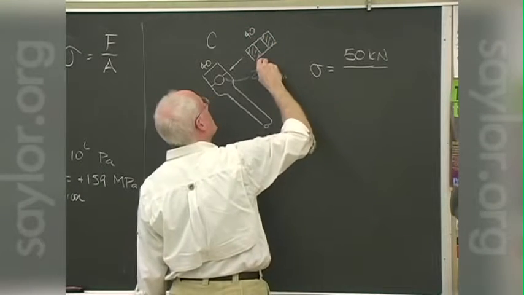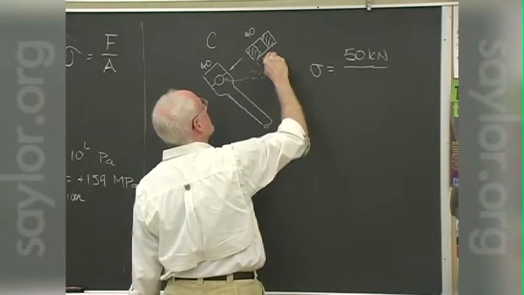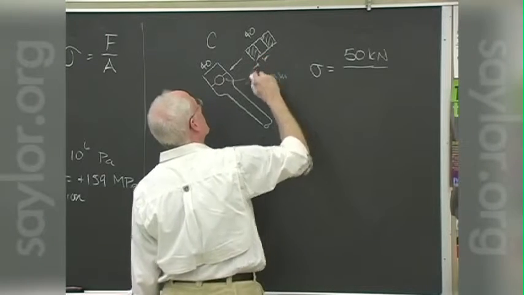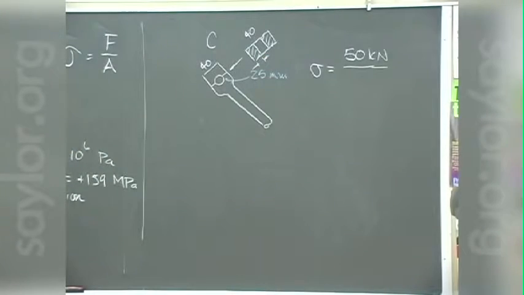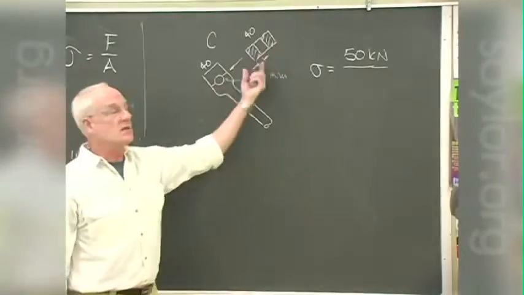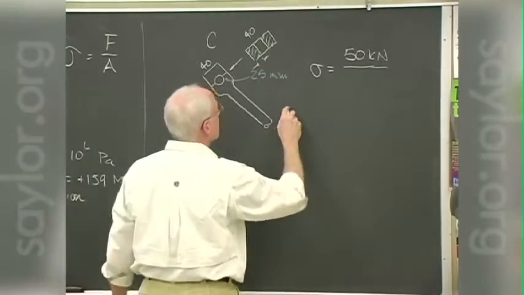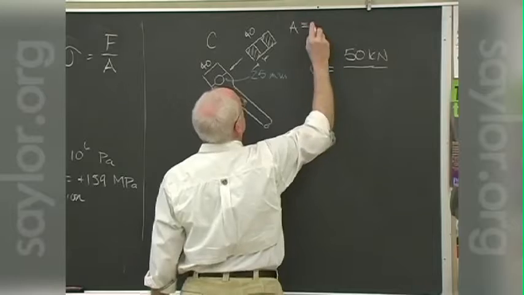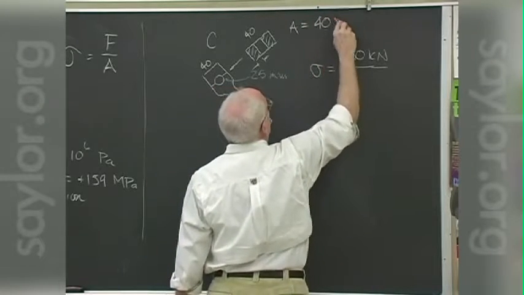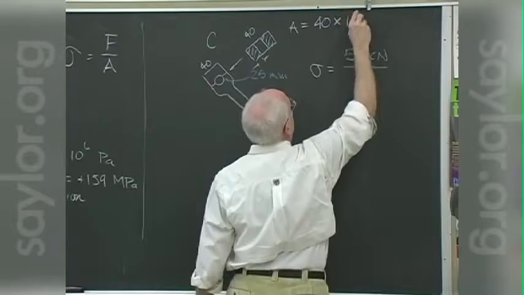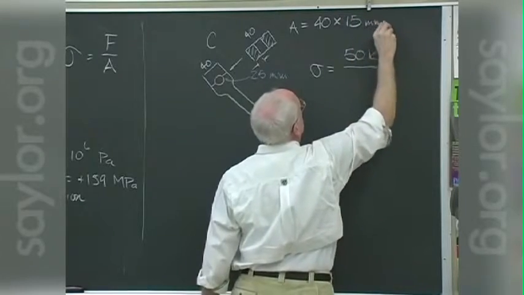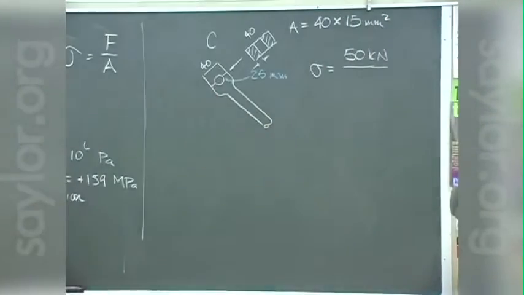So this is 40 by, what's that distance? 40 minus 25 is 15, so that's 7.5 on each side, but there are two of them, so we can concern ourselves with just the full area. 40 by 15 millimeters squared.